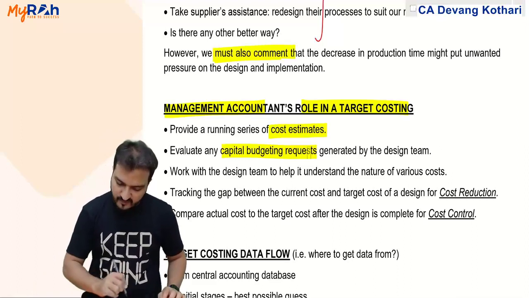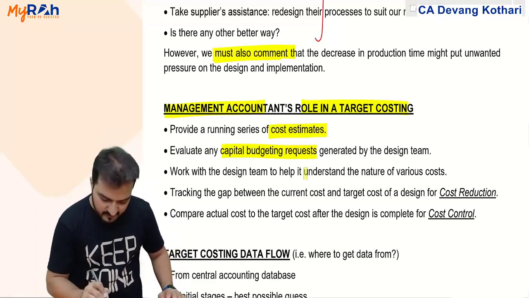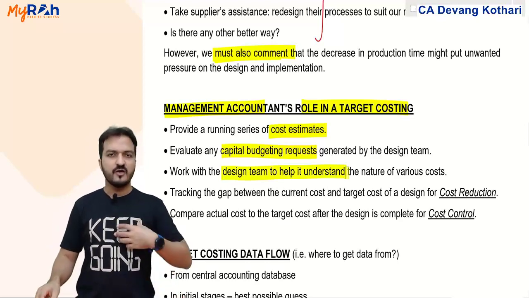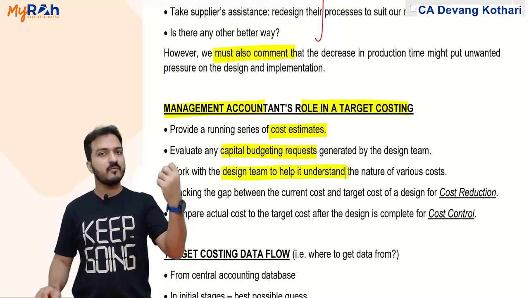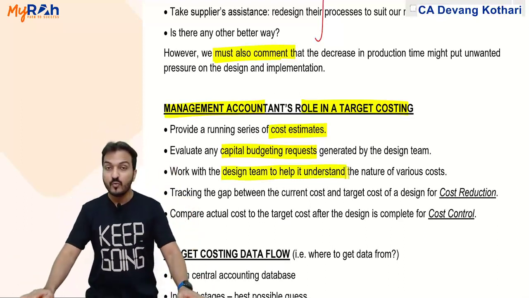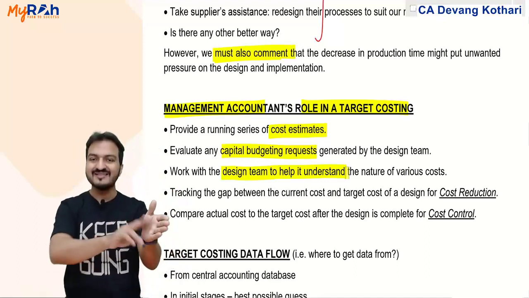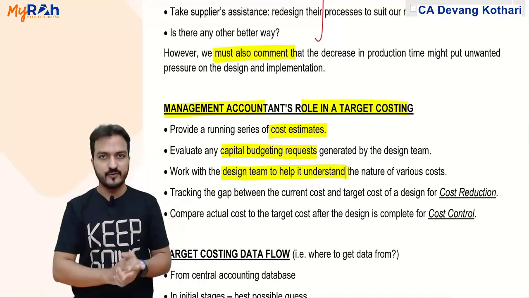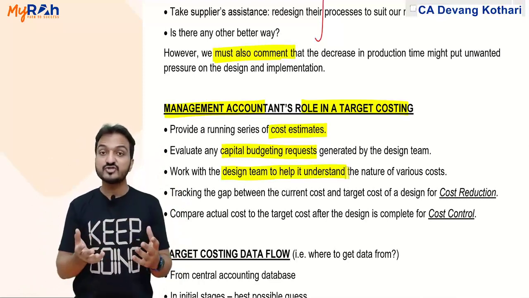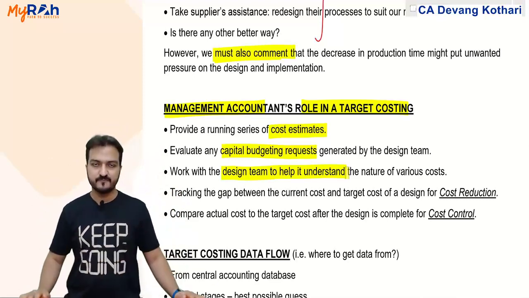Okay. You need to work with the design team to help it understand the nature of various costs. For example, if I tell the designers to come up with a new design so that cost can be decreased, well, the designer does not know which is the most expensive component. Say maybe the designer came up with a new design in which labor used is less.